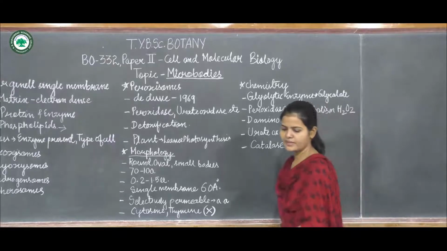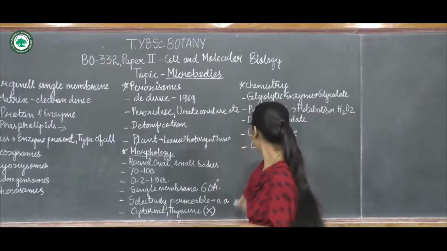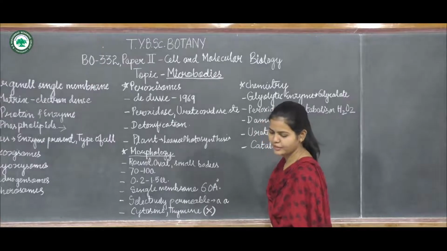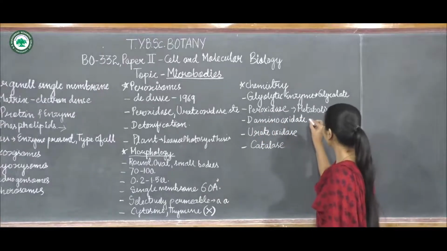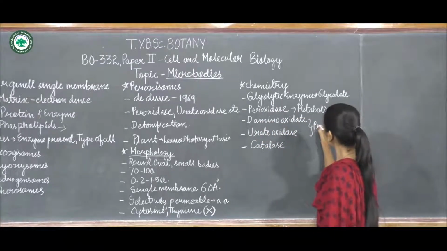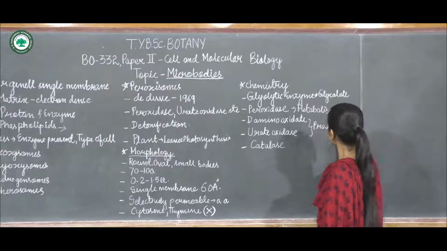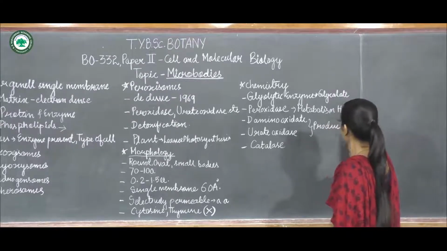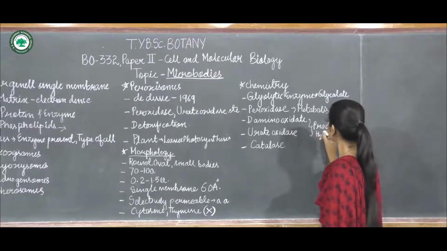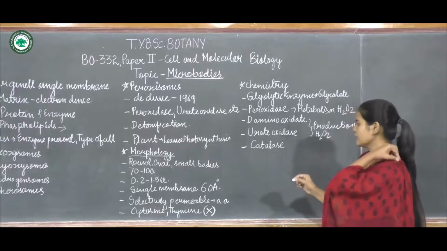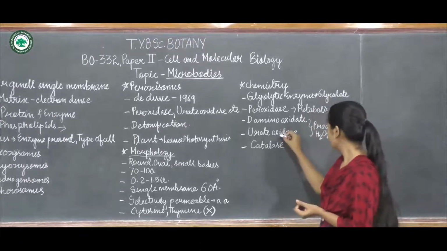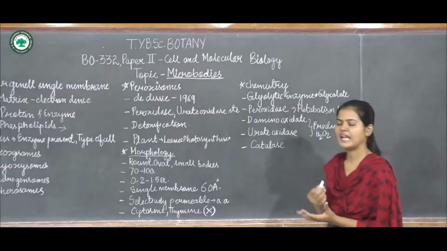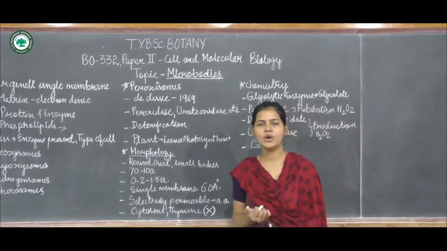H2O2, and the enzymes D-amino oxidase and urate oxidase are involved in the production of H2O2 in the cell. So all of these have functions related to hydrogen peroxide.